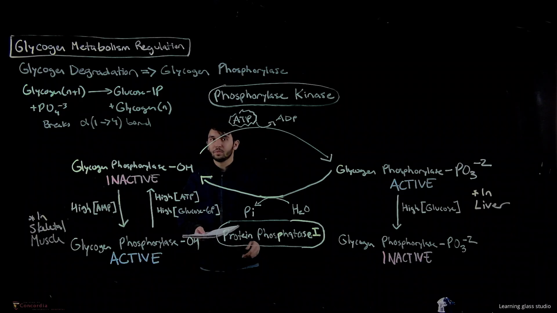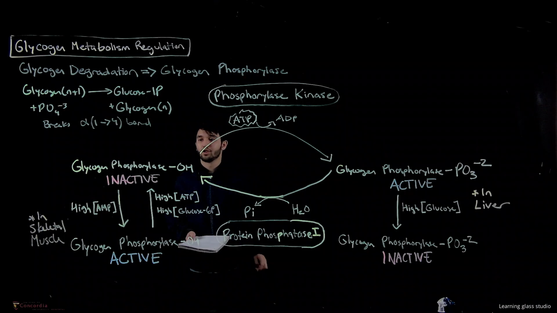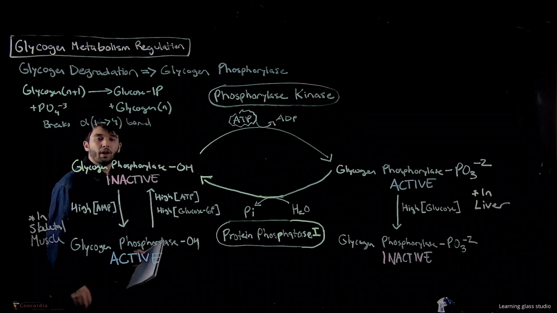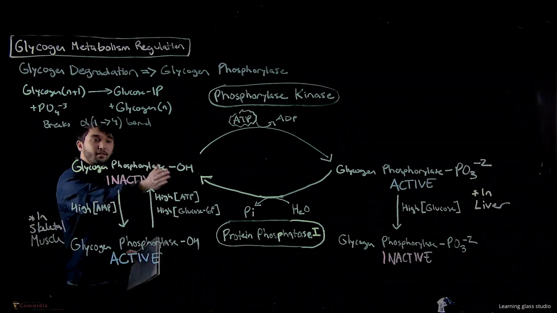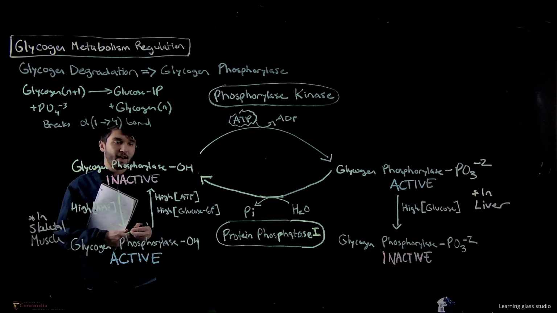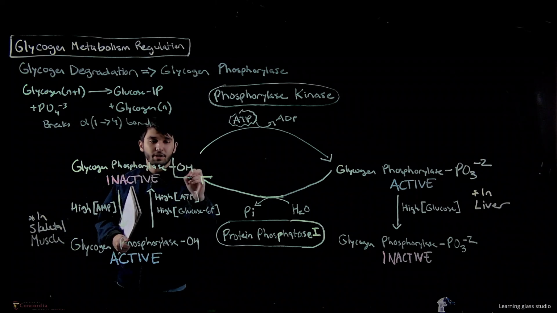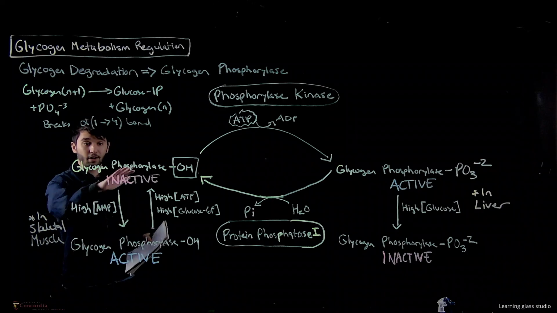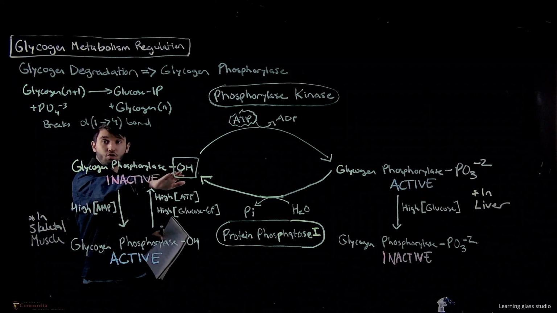Okay, so we know that the regulation happens at glycogen phosphorylase. So let's start over here. When glycogen phosphorylase is not phosphorylated, so it just has this OH group here, right? So no phosphate on glycogen phosphorylase, just the OH.